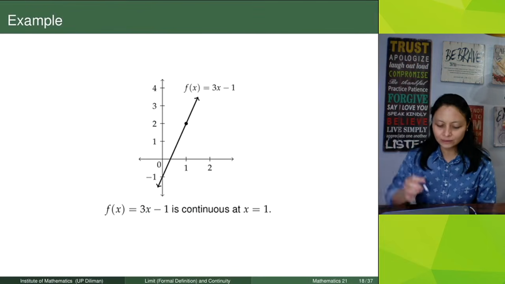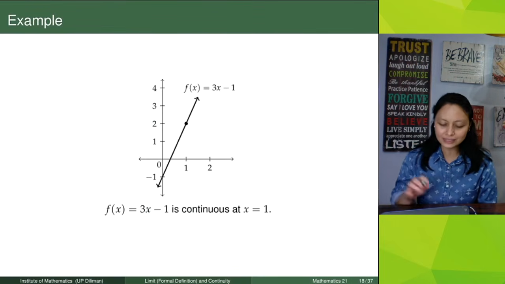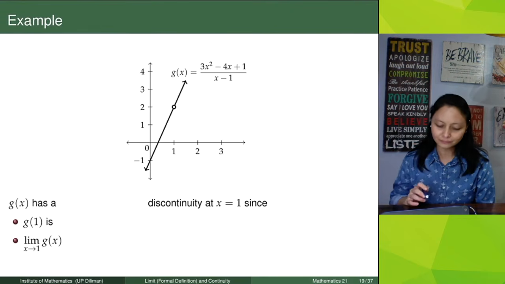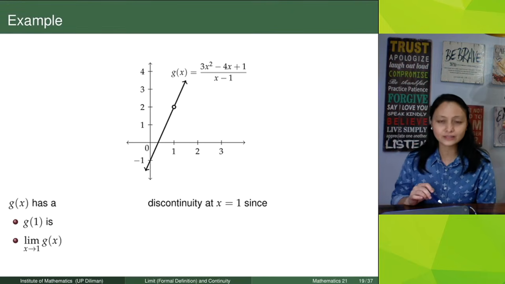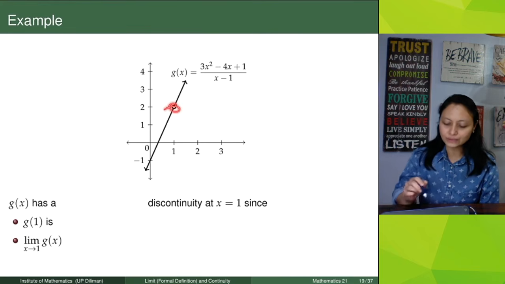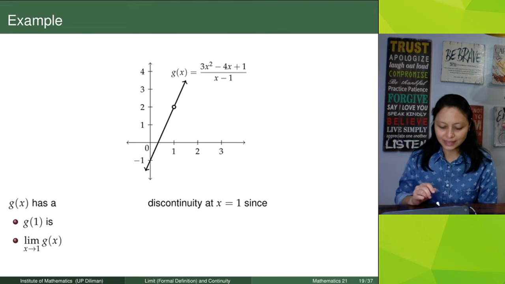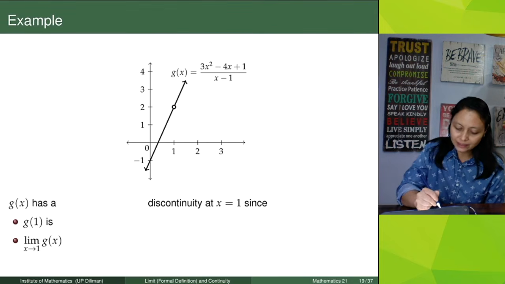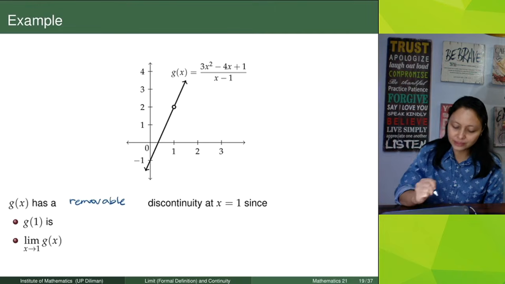So, kung titingnan natin ulit yung mga illustrations kanina, ito, discontinuous at x equals 1. Ito, anong klaseng discontinuity ito? So, you have a hole at x equals 1. Okay, so in that case, we have a removable. So, pag hole lang, removable yon, discontinuity.